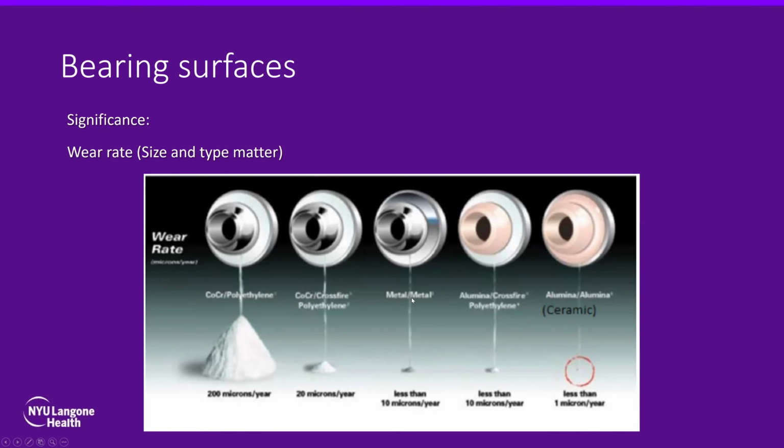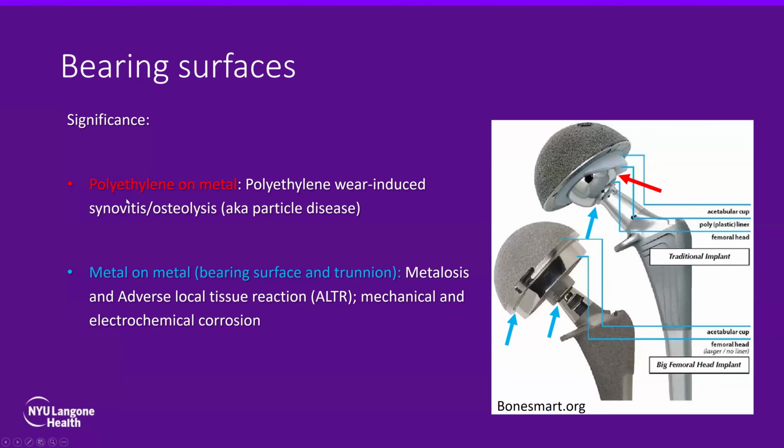In particular, I want to draw your attention to metal on metal, because metal on metal is really bad. The body's reaction to metal debris is worse than to plastic particles. The kind of pathology that you get with metal debris is different from the pathology that you get with plastic debris.